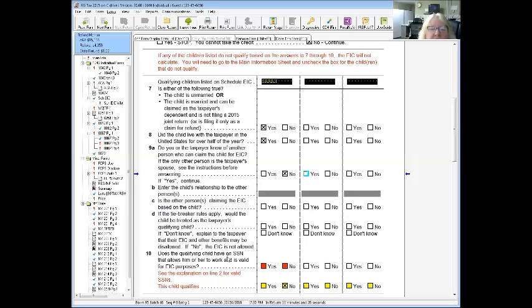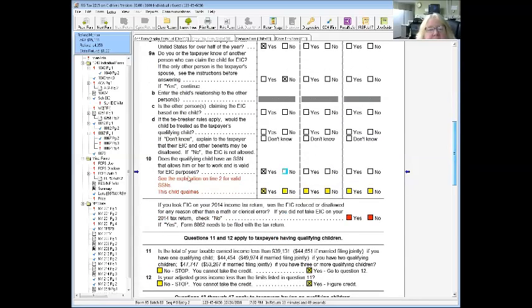Does the qualifying child have a social security number that allows him or her to work? Didn't they already ask us this once? Yep. There are questions that they're going to ask you, sometimes the same question in 2 different ways. Do you think they're trying to verify information? Yep.